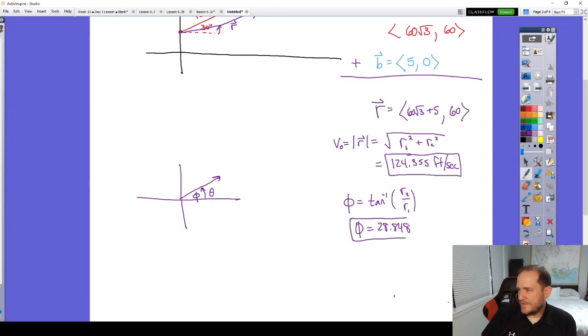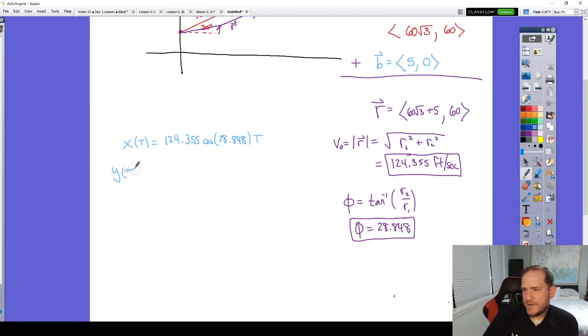So now that I've got these new values, that means we have to basically redefine our functions from problem number 1. So under the condition of that wind blowing Kirby's hit, the new equations would be x of t equal our new velocity, 124.355, times the cosine of our new angle, times time in seconds.